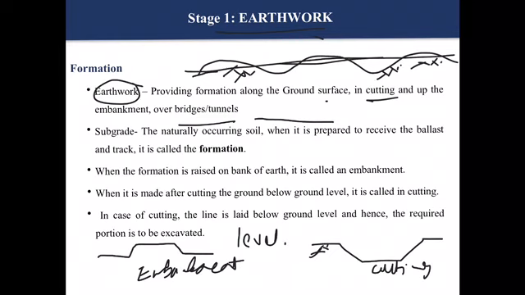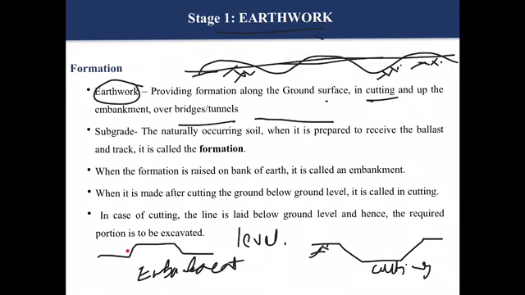What is earthwork? Earthwork is nothing but providing the formation along the ground surface, which can be on an embankment, in a cutting, or over bridges and tunnels. The naturally available soil we call the subgrade, and once it is prepared to receive the ballast and the track components, we call it the formation. We already studied this.